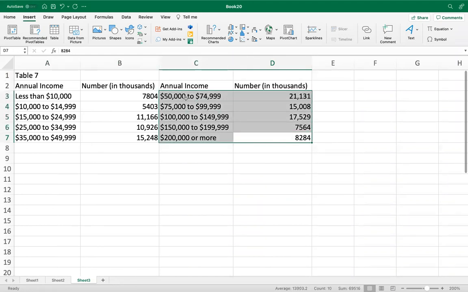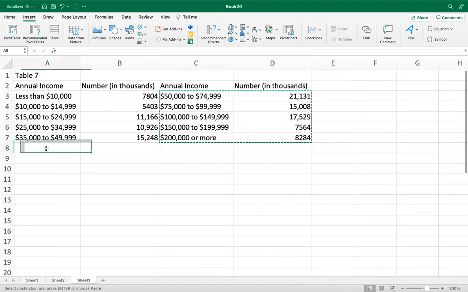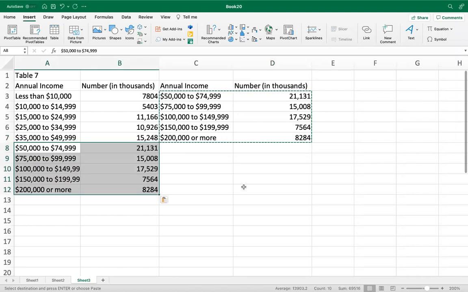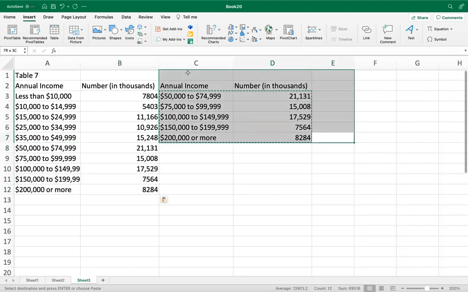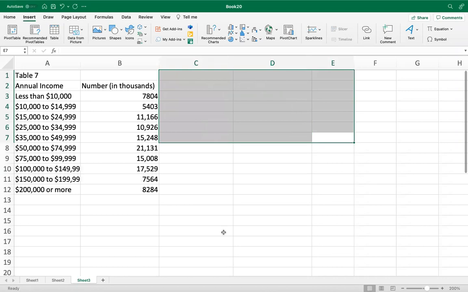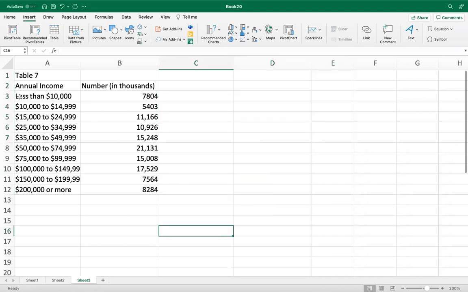Just so we could keep it vertical, let's hit copy and paste, and that'll keep everything nice and pretty. Okay, so less than 10,000 is here, 10,000 to 14, 15 to 24, 25 to 35, 35 to 50, 50 to 75. Okay, so it looks good.